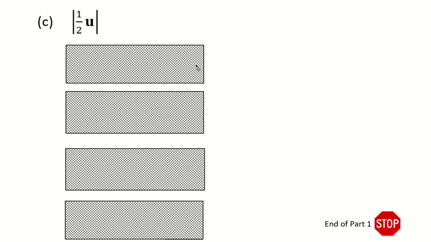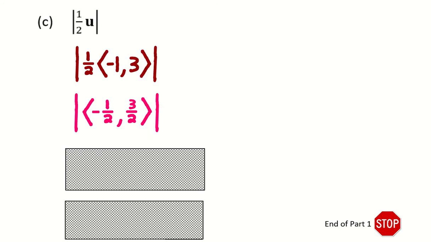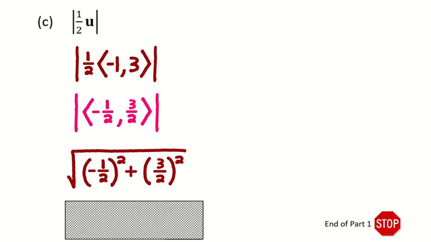So maybe we first find out what 1/2 u is. I guess we'll keep the symbols, but multiplying 1/2 to the u vector, we get -1/2, comma 3/2. And then now you just have to take the magnitude.